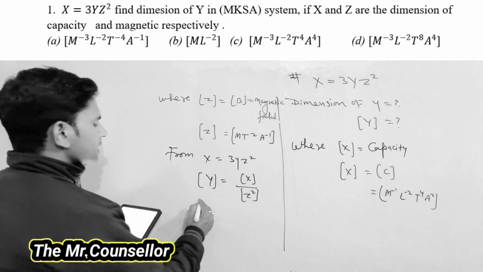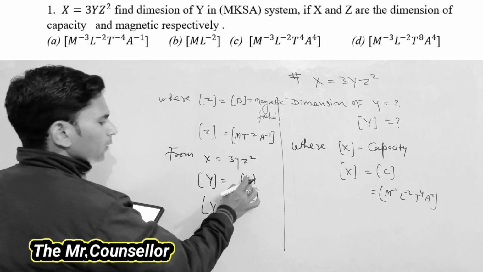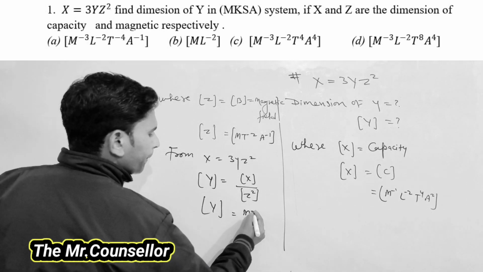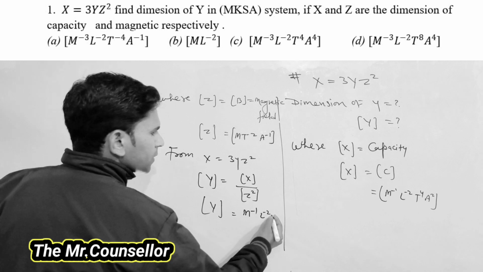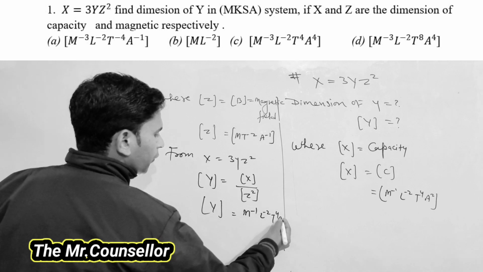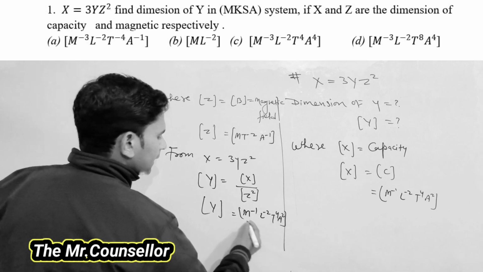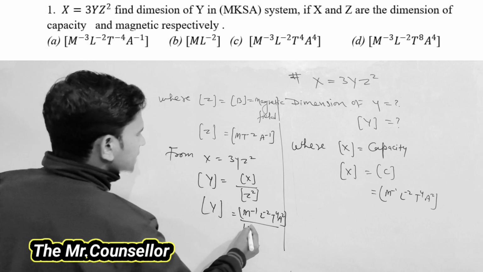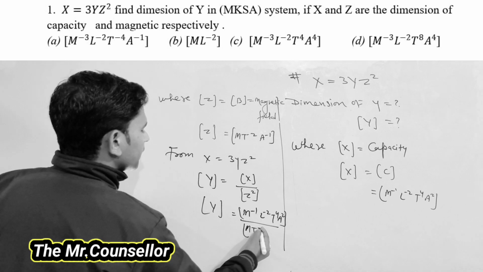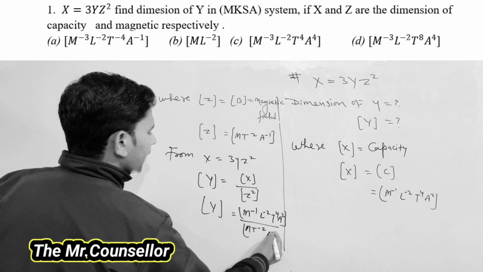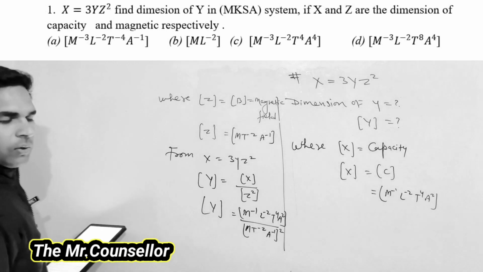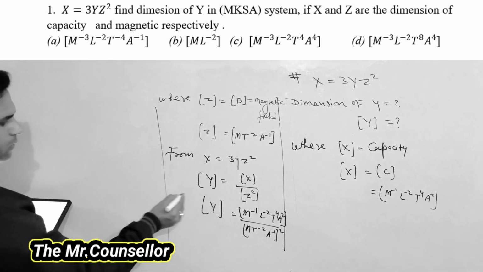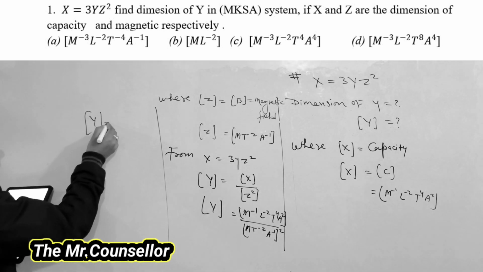So now you can place the value of x, the dimensional formula of x, M minus 1 L minus 2 T power 4 A square, divided by z square. The dimensional formula of z is M T minus 2 A minus 1, squared.